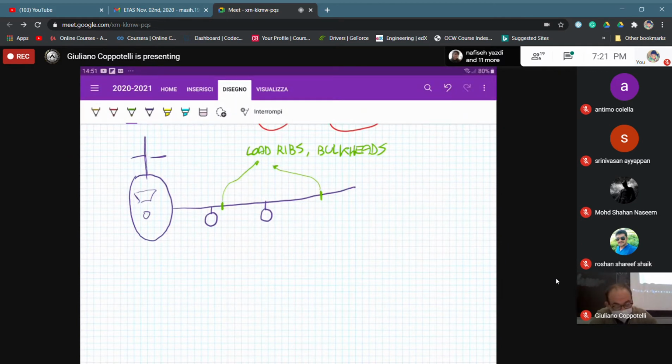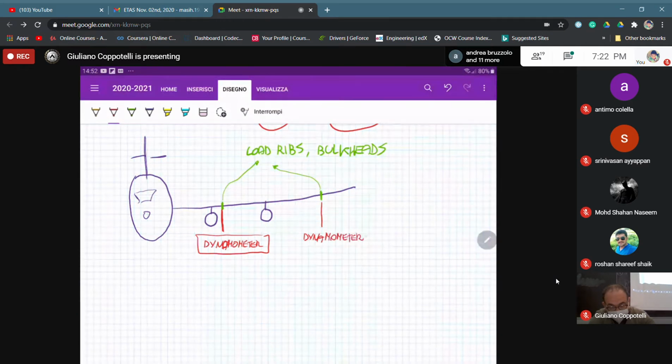In order to do that, let's assume we have a dynamometer there, and also there, that is capable of measuring the actual force that is applied to your load ribs.